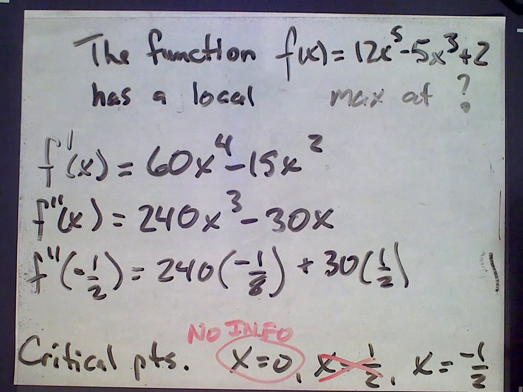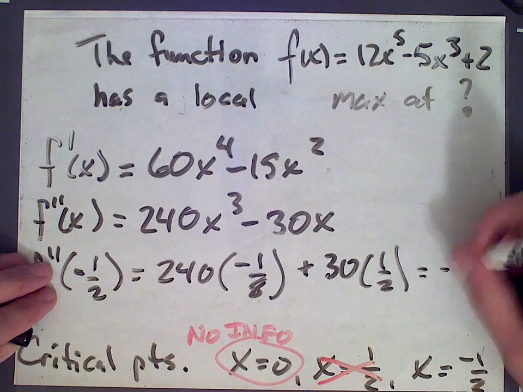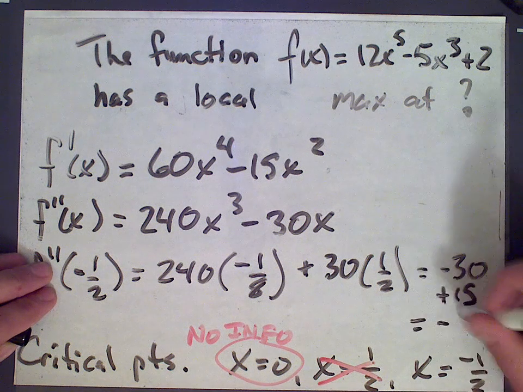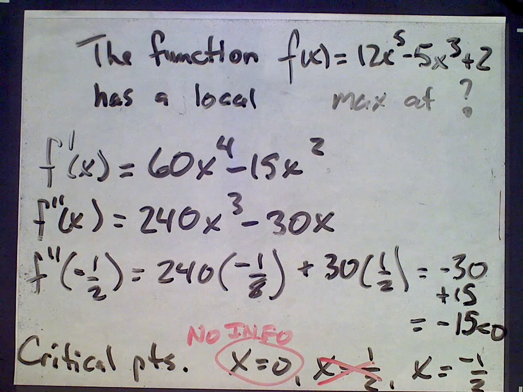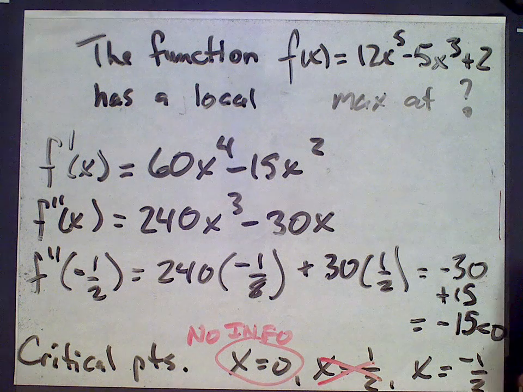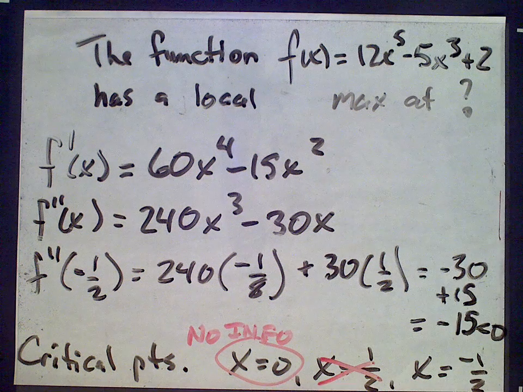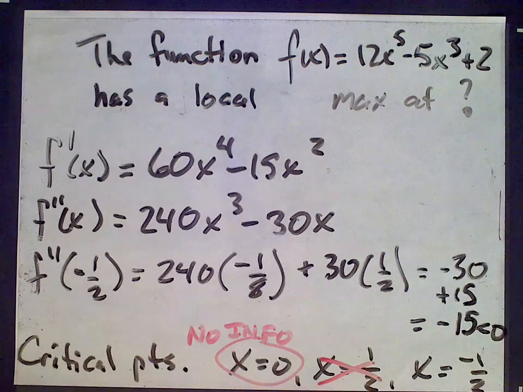I just cancelled the negative signs there. What we end up getting is negative 30 plus 15, which is negative 15, which is less than 0. Since the second derivative at x equals negative 1/2 is less than 0, and that's a critical point, by the second derivative test we know that x equals negative 1/2 is the local max.